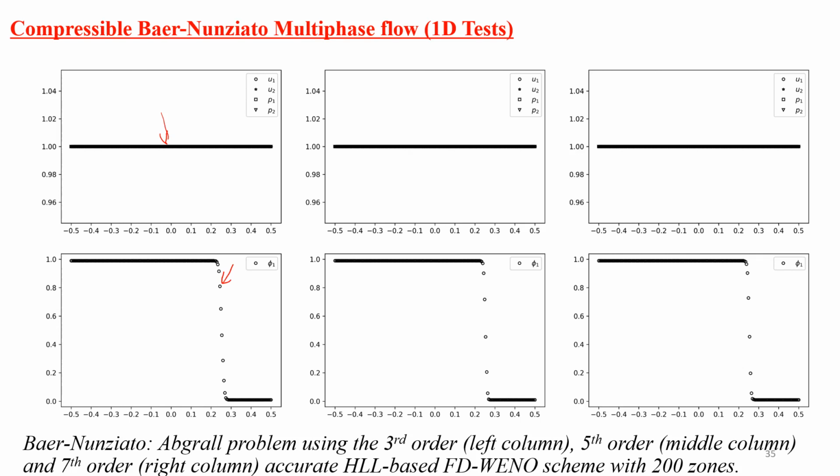So you should be able to advect a phase change while retaining constancy of velocities and pressures. That's shown to you in the top panel, and the variation in the phase itself is shown in the bottom panel. Again, we have third order, fifth order, and seventh order schemes in these three different columns. So things are working well.